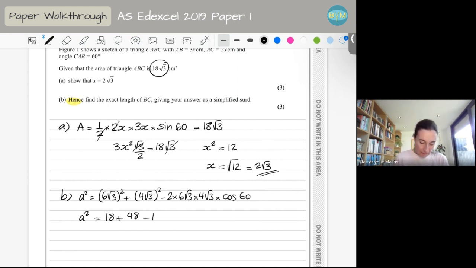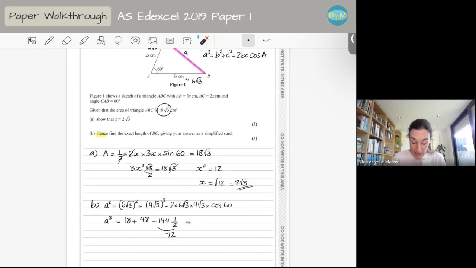This is 144. Cos 60 is 1/2, no? So this is 18 plus 48 minus 72. I'm doing something wrong because I get a negative number. Have you found a number? No, I get a negative number. What am I doing wrong? Can someone see what I'm doing wrong?